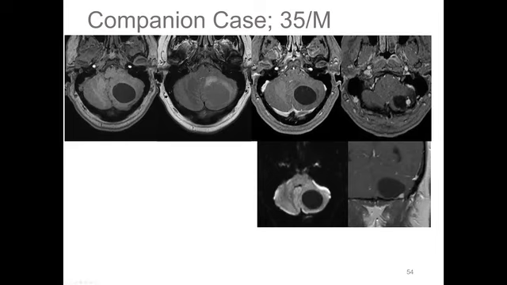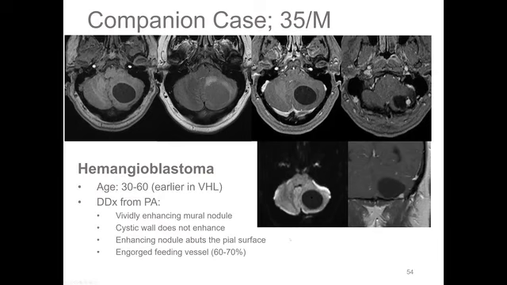She's 35 years old, so it should not be a pilocytic astrocytoma. This is a hemangioblastoma. Hemangioblastoma tends to occur in young adults between 30 and 60 years old, but it could happen in children, especially in patients with von Hippel-Lindau syndrome. So whenever you see a case in the cerebellum, you need to pay attention to this differential diagnosis.